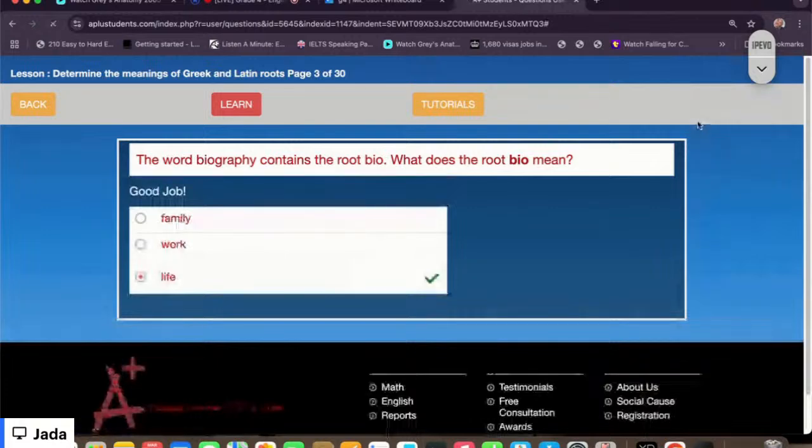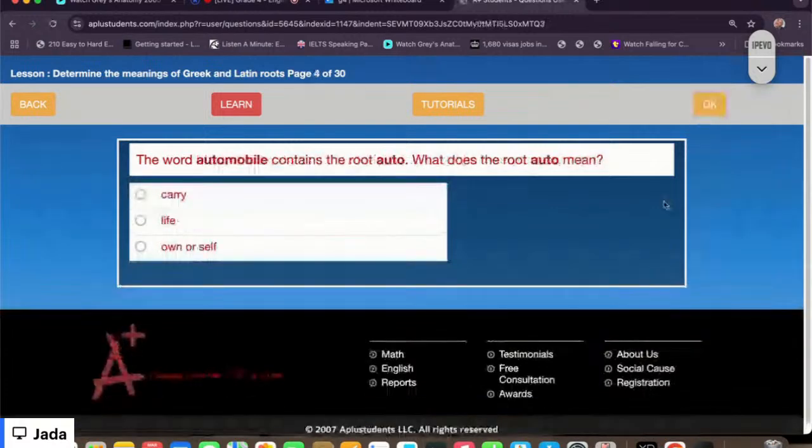Okay. So we have the word automobile, which contains the root auto. What does the root auto mean? Carry, life, own, or self. What do you think?